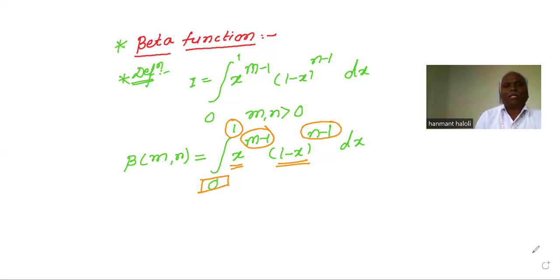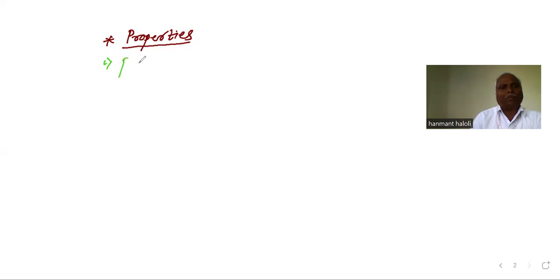Now we move to the next point: there are some properties of the beta function. I'll first state the properties, and afterwards I'll show how to use them. The first property: the roles of m and n in the beta function are commutative.